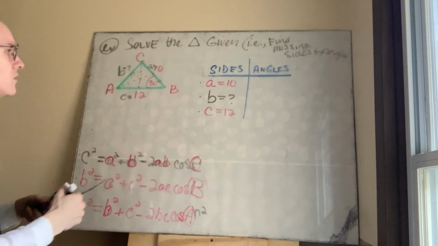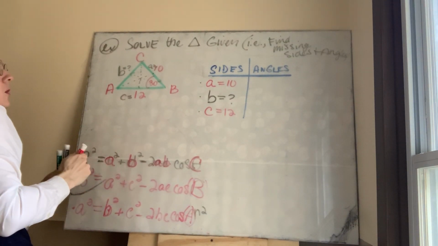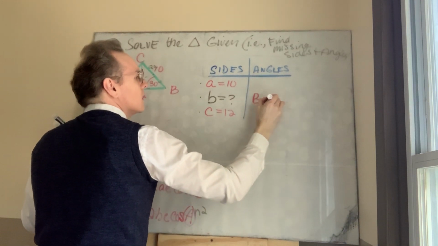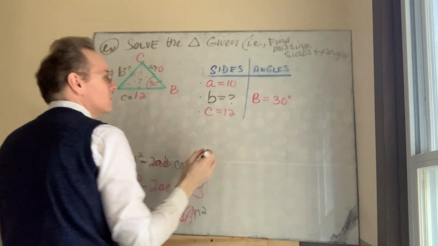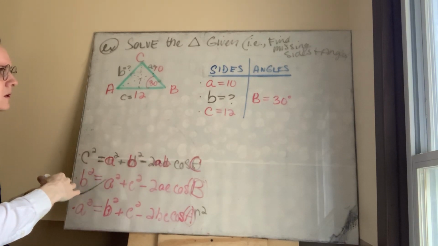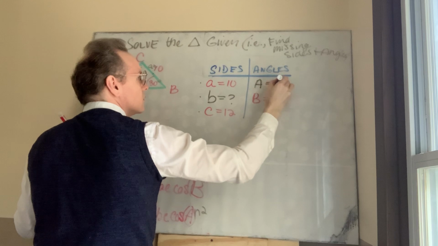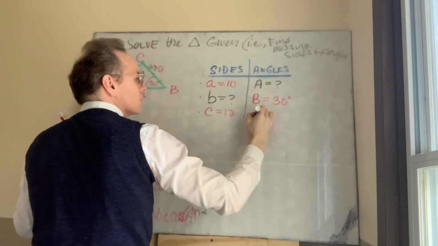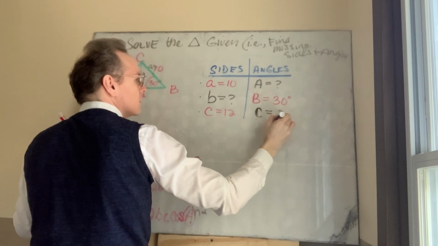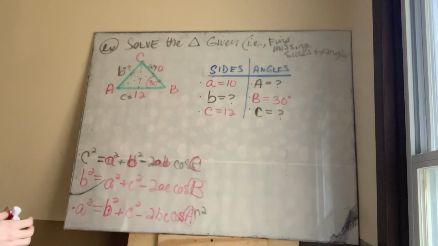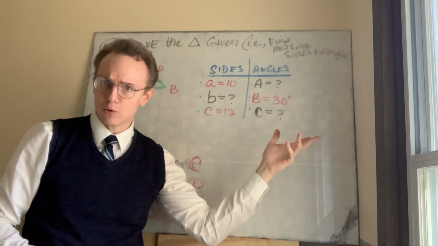And of angles here, what do we know? We know only angle B, and that is 30 degrees. Then therefore we do not know what angle A is, and we don't know what angle C is. Okay, so we've got just exactly half of the information that we would need to know total.